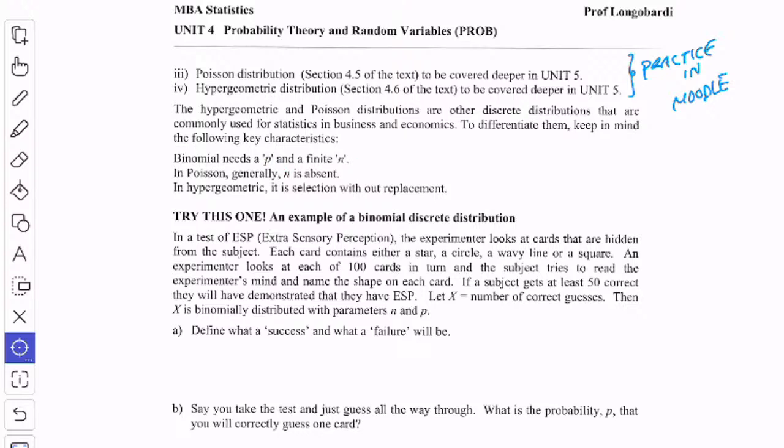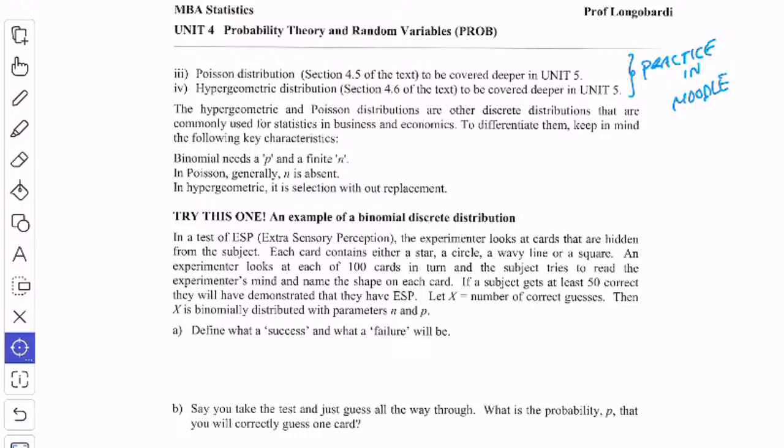You need to know p, the probability of a success on each trial, and n, the number of independent trials. For the Poisson, you don't need to know n. It's the scenario where you look at a phenomenon until you observe what you're looking for. So n is absent.